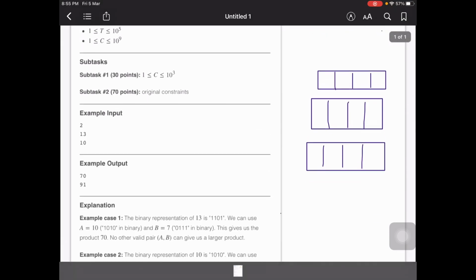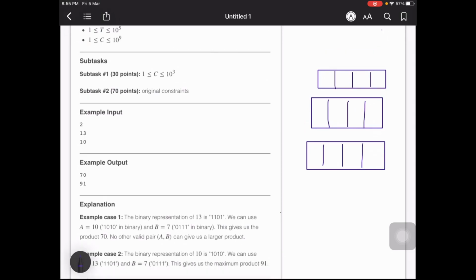So let's jump a little bit into the input and the output section. We are given a number 13 as the first input. So if this is c, the binary representation of 13 is 1101.